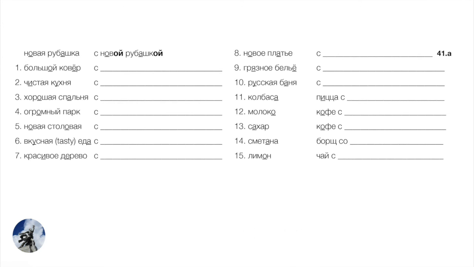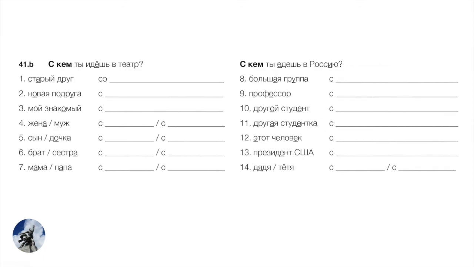Coffee with sugar, кофе с сахаром. Borscht with sour cream. I often put a dollop of sour cream in a lot of Russian soups. Borscht со сметаной. And finally, tea with lemon, chai с лимоном.